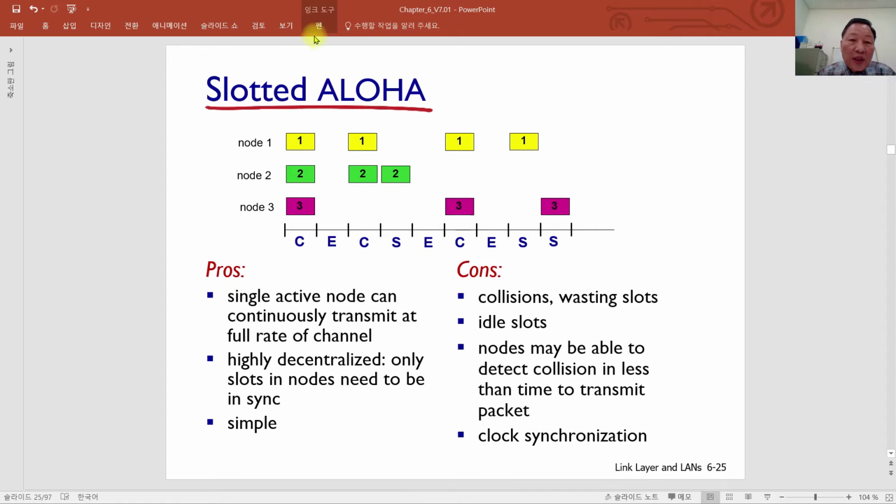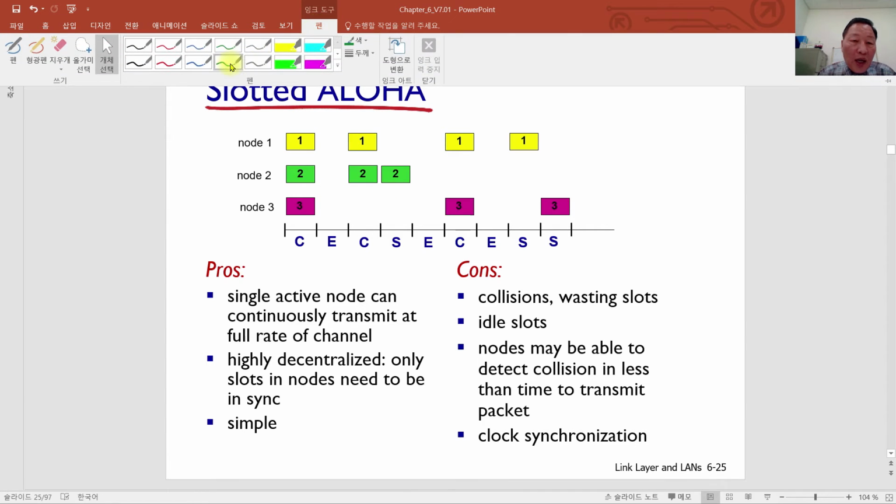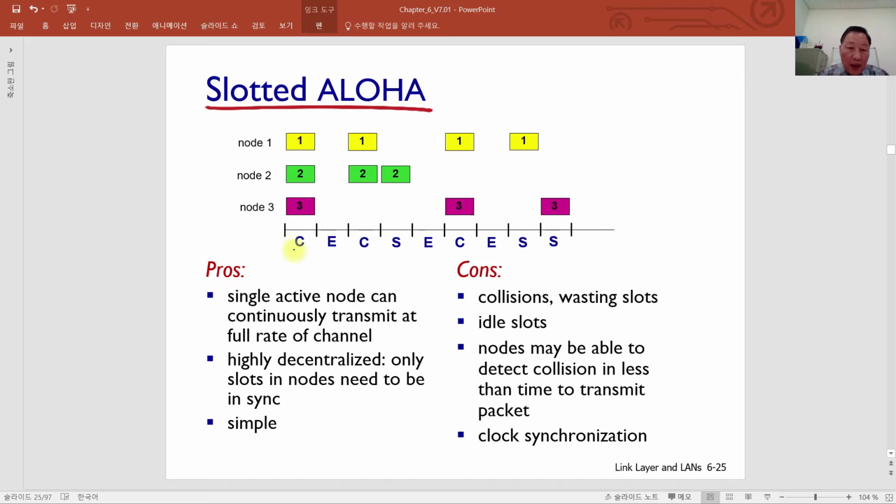Okay, this is the example for slotted ALOHA. Let's assume we have 3 nodes using the slotted ALOHA scheme, and they are sending at the same time in this single slot. Then that is a collision. They are collided. This one is empty. This is a collision.